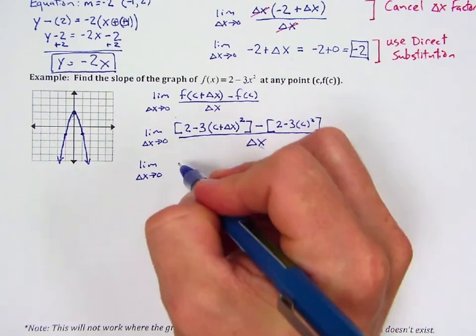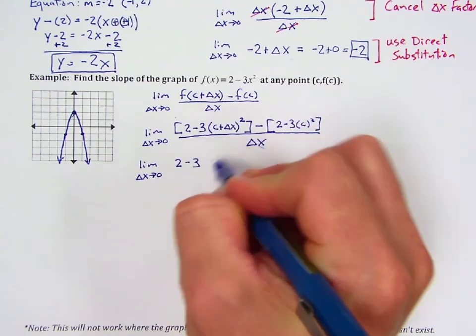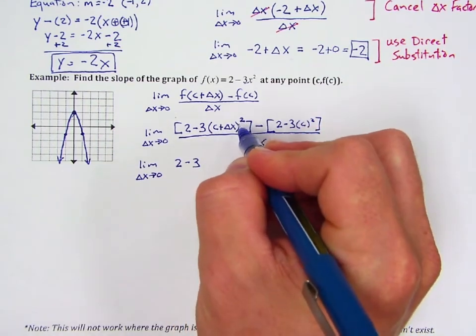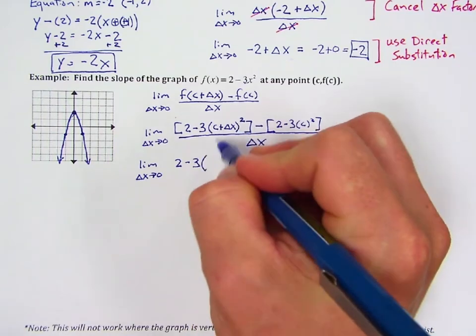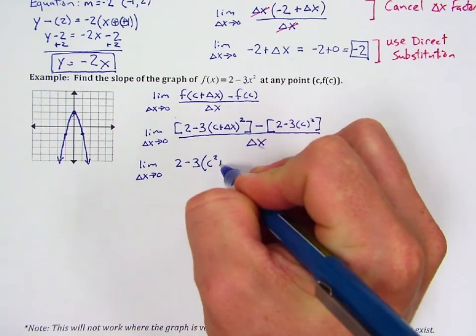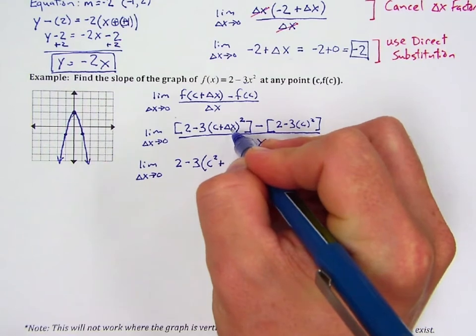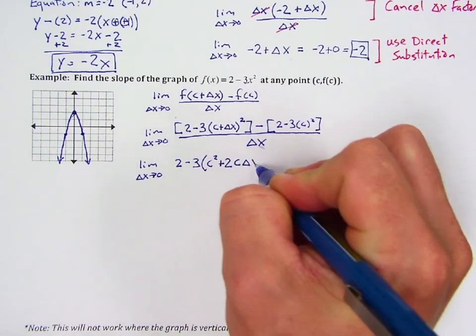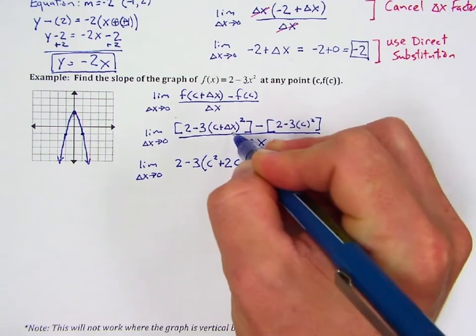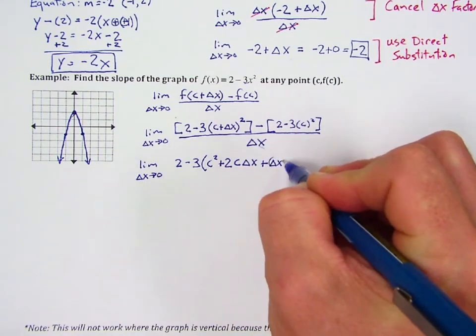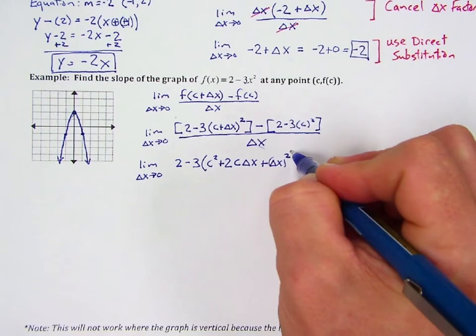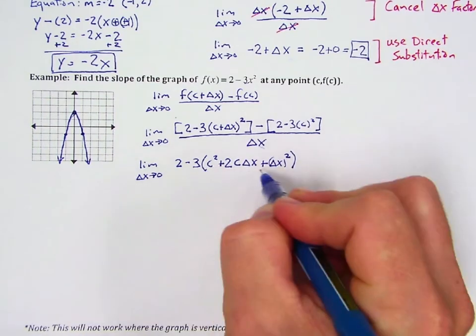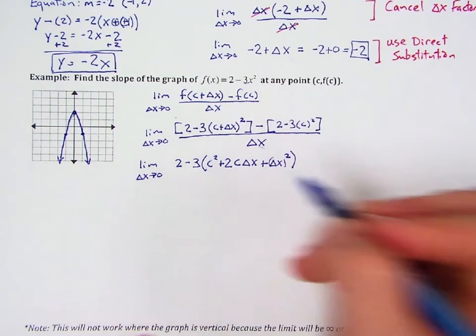So here we have 2 minus 3 times this binomial squared. So you remember it's the square of the first term plus 2 times both terms, so 2c delta x, plus the square of the second term. And that 3 is going to multiply all the way across here.